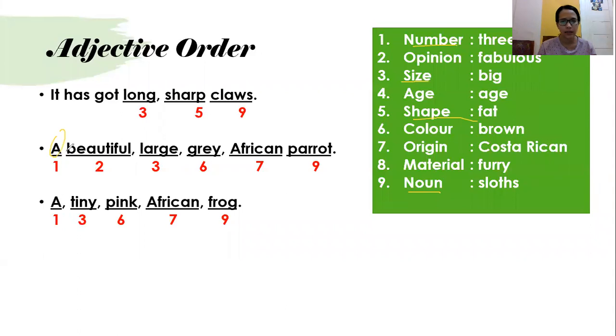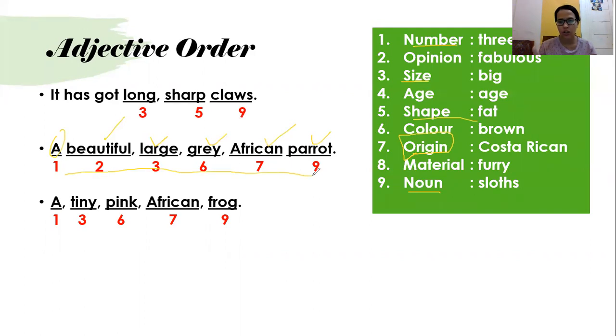So a as the number, and then beautiful as the opinion, and then large as the size, gray as the color, African as the origin. So origin means the countries, okay. And then parrot is the noun being described. So a beautiful large gray African parrot. So do not put African here in the middle, okay. Check again the order.